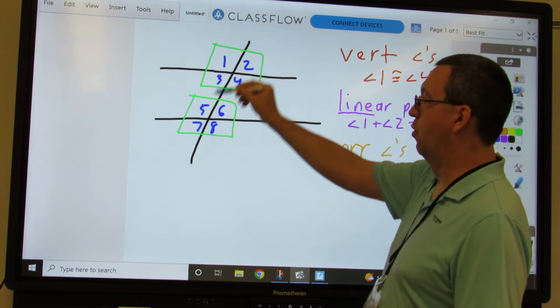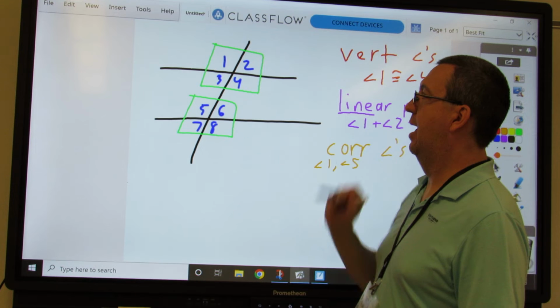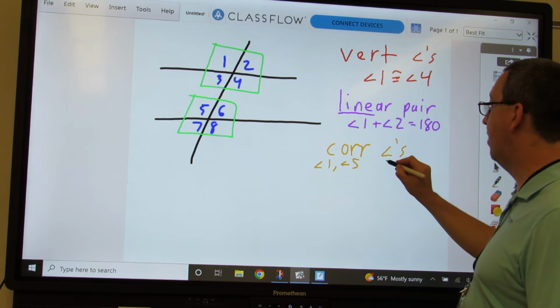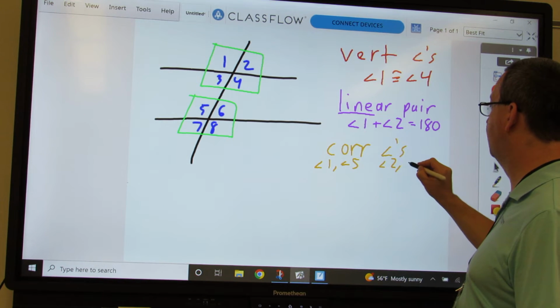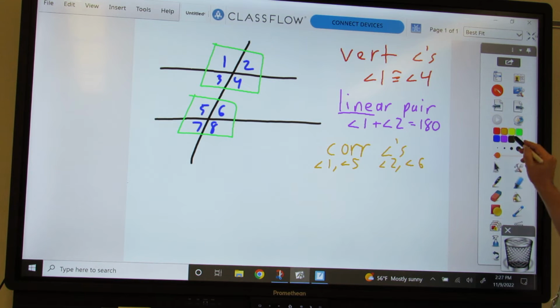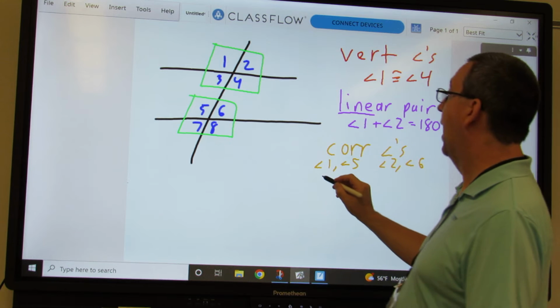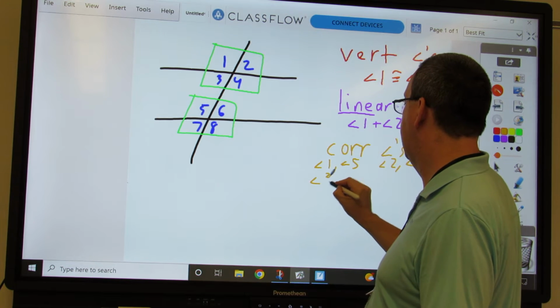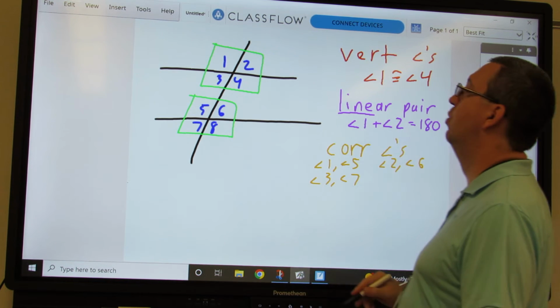They're both above and to the left. Angle 2 would correspond with angle 6. They're both above and to the right. I messed up my terms there, probably looking at the board versus looking away. Angle 3 and angle 7 would be corresponding.